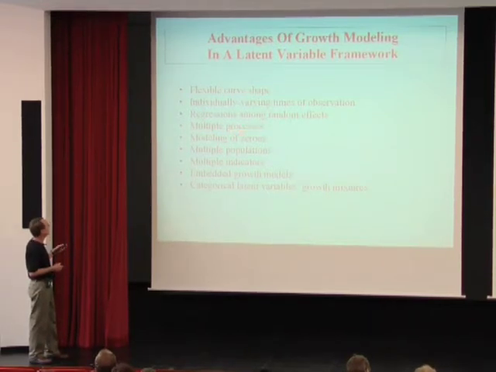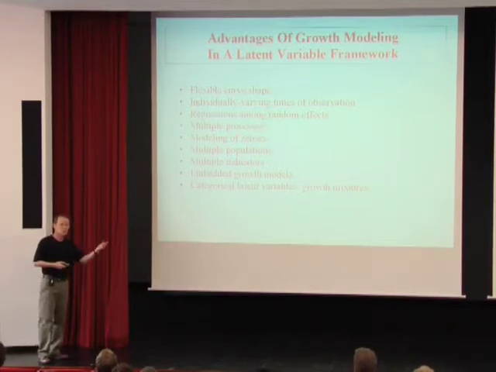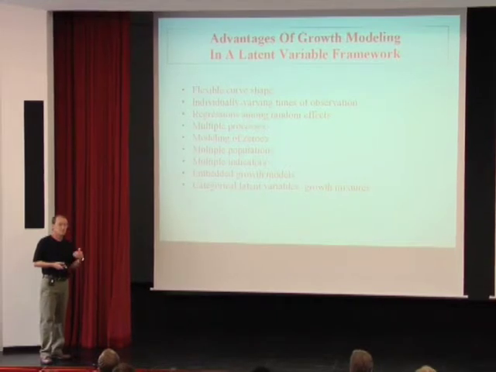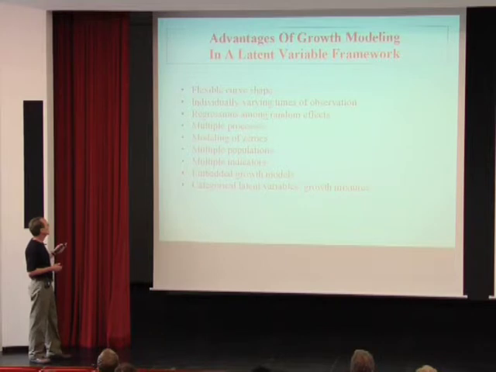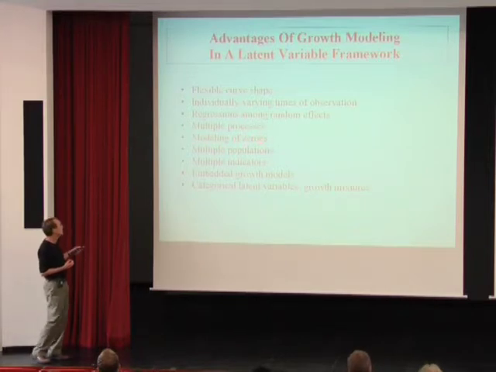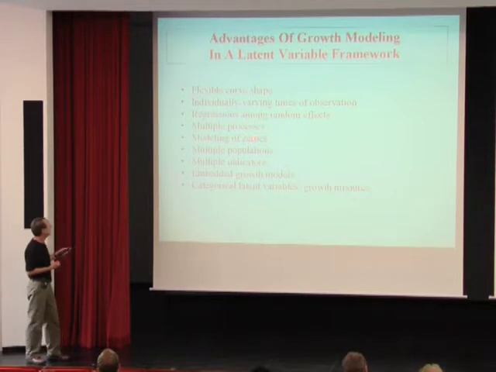And it's very easy to deal with multiple processes. You know, you're not only looking at how aggressive disruptive behavior develops over time, but perhaps how achievement develops over time over the grades. You can easily deal with modeling of zeros. We talked about that in terms of zero inflated Poisson yesterday.